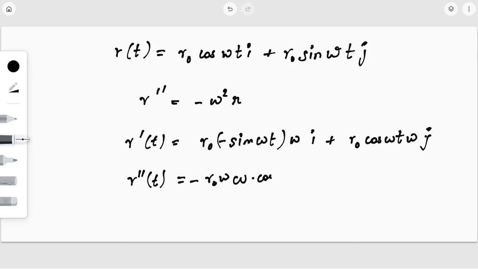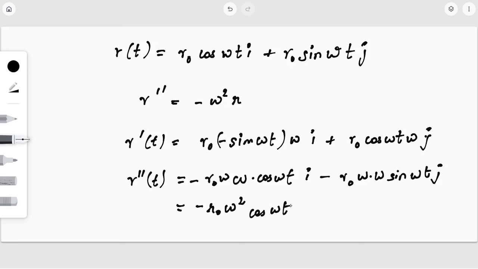So minus sign is already there: omega cos omega t i. And the derivative of cos omega t is again minus omega sin omega t, so r naught omega into omega sin omega t j. So that is minus r naught omega square cos omega t i minus r naught omega square sin omega t j.